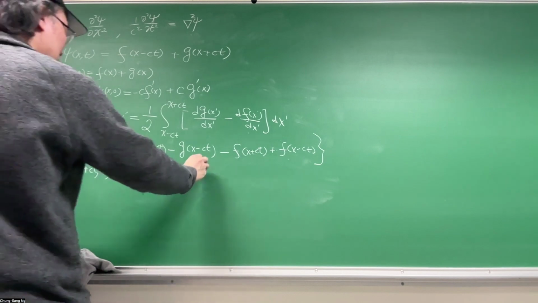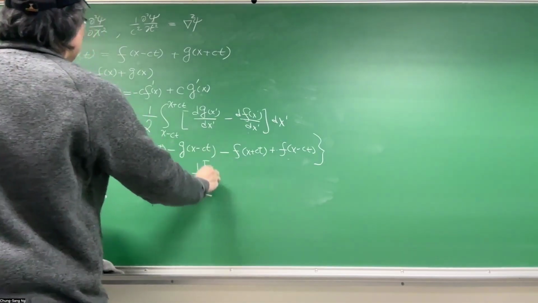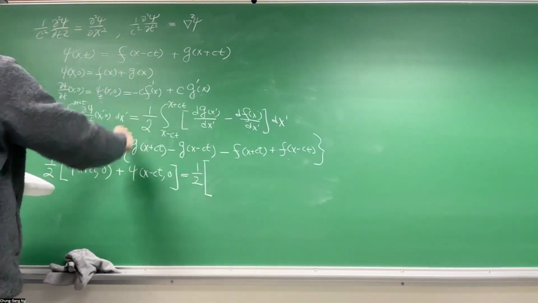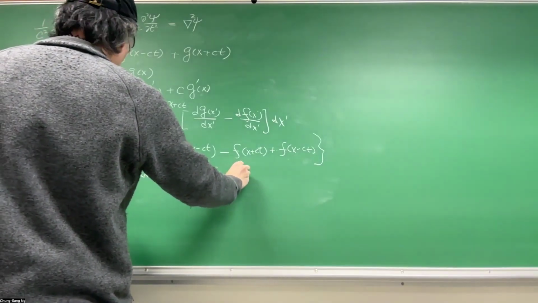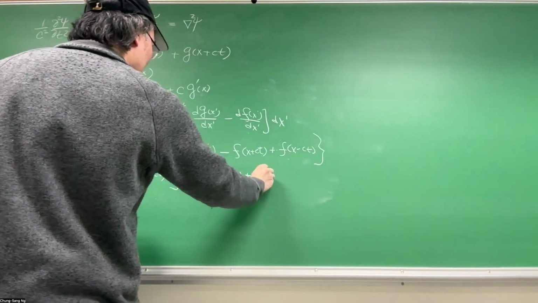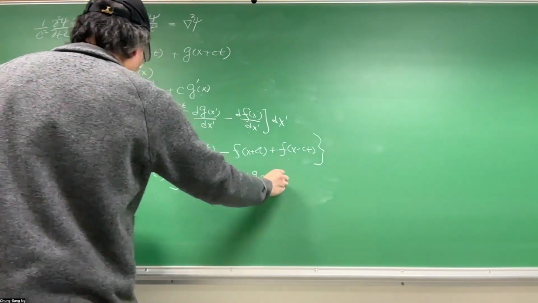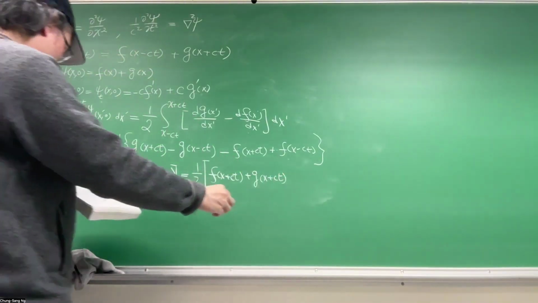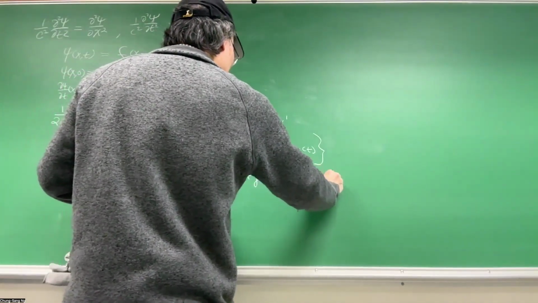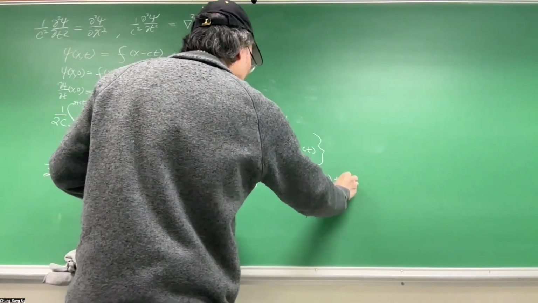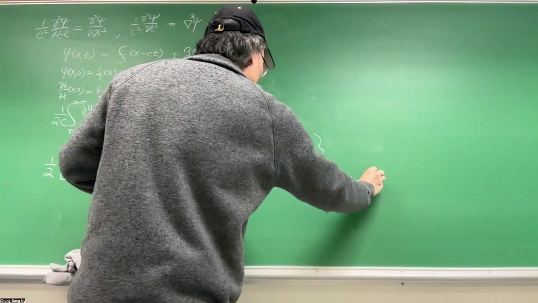That will give you the substitute f and g in here. So f at x plus ct plus g at x plus ct, and then plus f at x minus ct plus g at x minus ct.